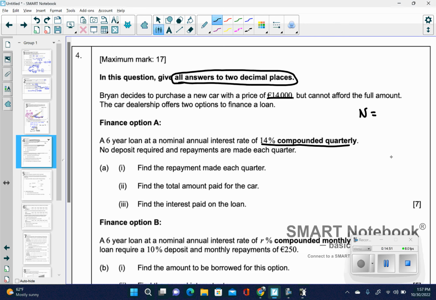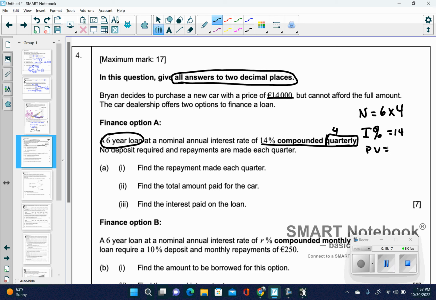Okay, so our N is going to be, we take a loan of 6 years, and it is compounded quarterly, which quarterly means 4. What you're going to do for N is do 6 times 4. So the number of years times how many payments there are. The interest rate, the percent, is equal to 14%. So we could put 14 there.